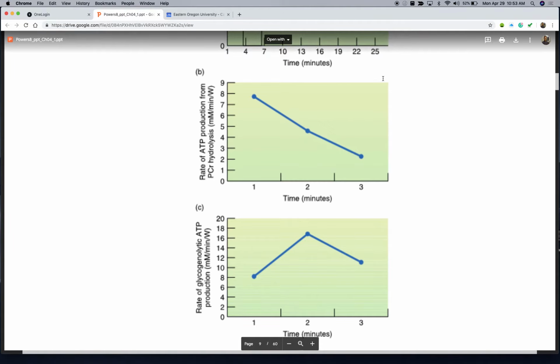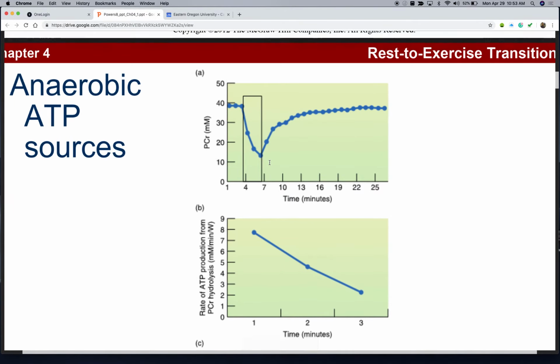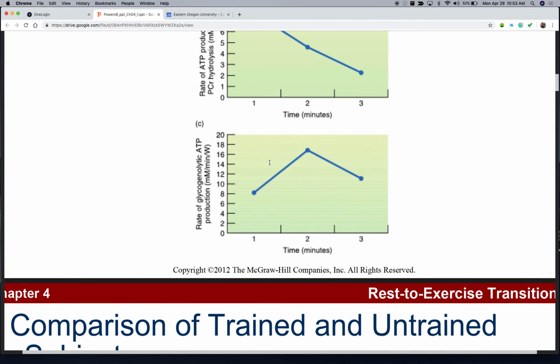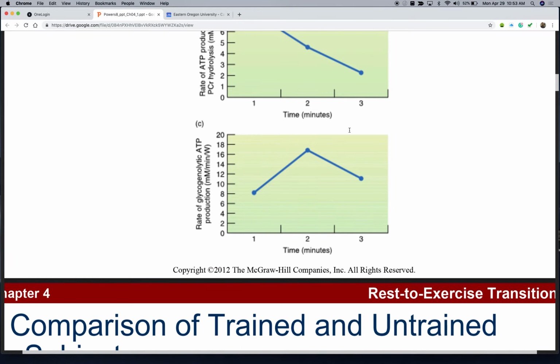Now, what happens is the rate of ATP production starts to go way down if you're trying to give maximal effort, because the amount of phosphocreatine has gone down and you haven't given it a chance to replenish, right? And so we meet that initial energy demand through things like the phosphocreatine system and breaking down glycogen.